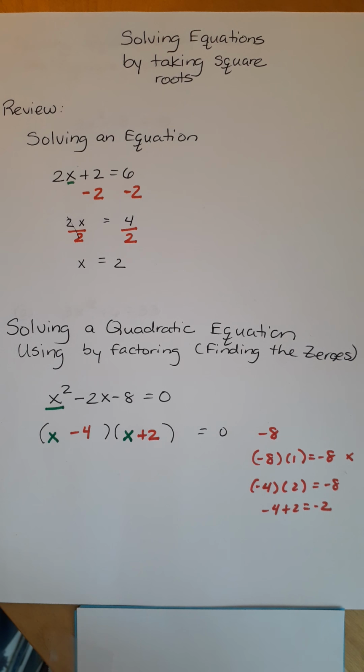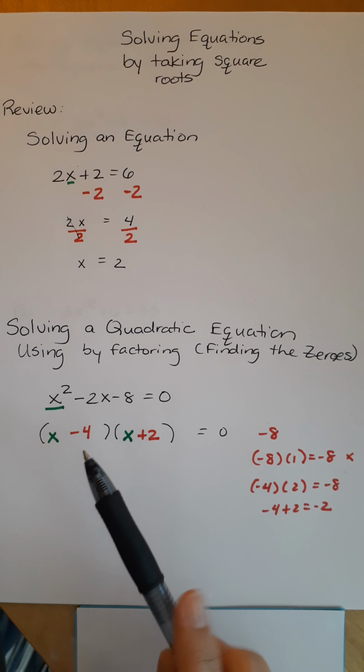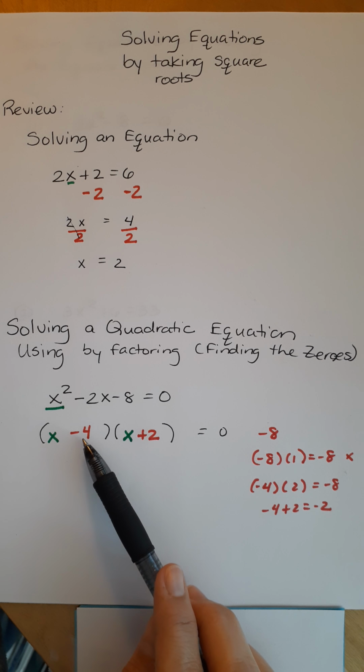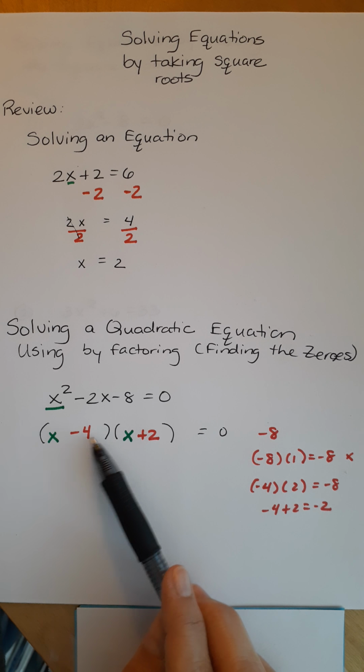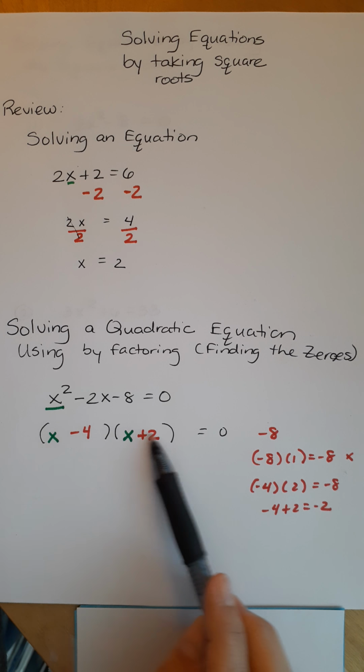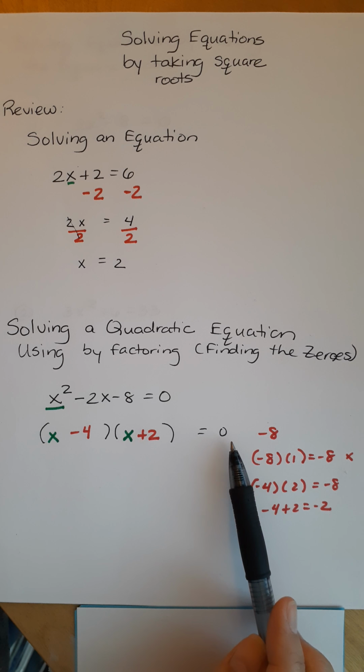Awesome. Once I have that, to find the zeros, or to solve by factoring, I understand that to make this whole thing 0, when what's inside one parenthesis is 0, it makes the whole thing 0, because 0 times x plus 2 will give me 0.